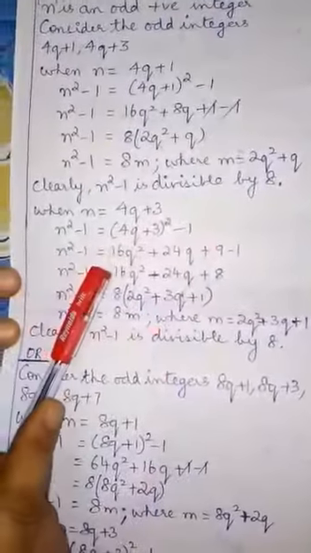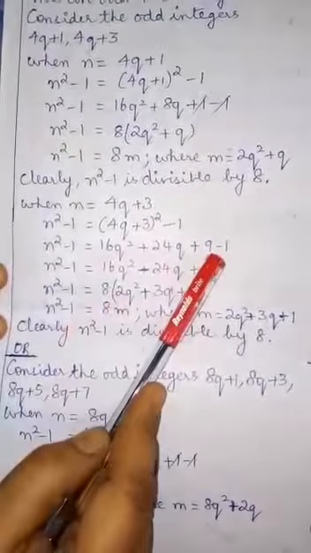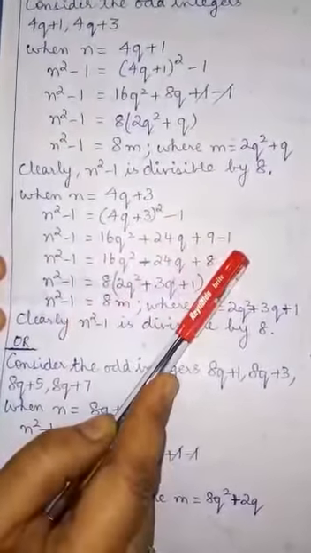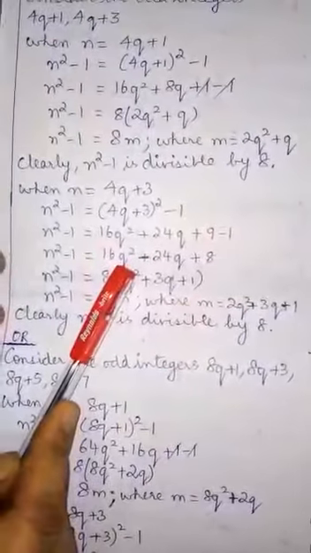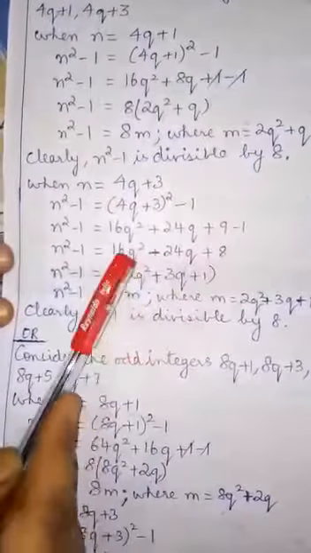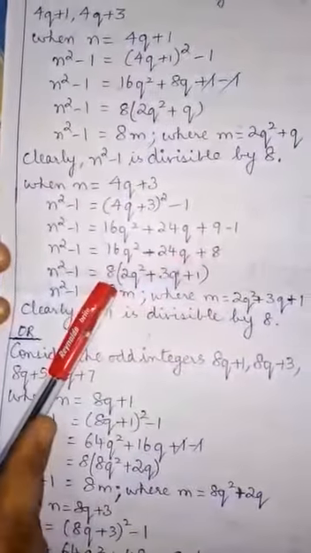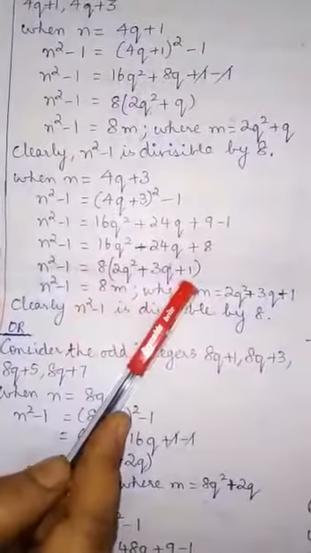So n square minus 1 is equal to, square this using the identity a plus b the whole square, minus 1. So this simplifies to 16q square plus 24q plus 8. Now the three terms have 8 common. So bring out the common factor 8, and this is what we have.